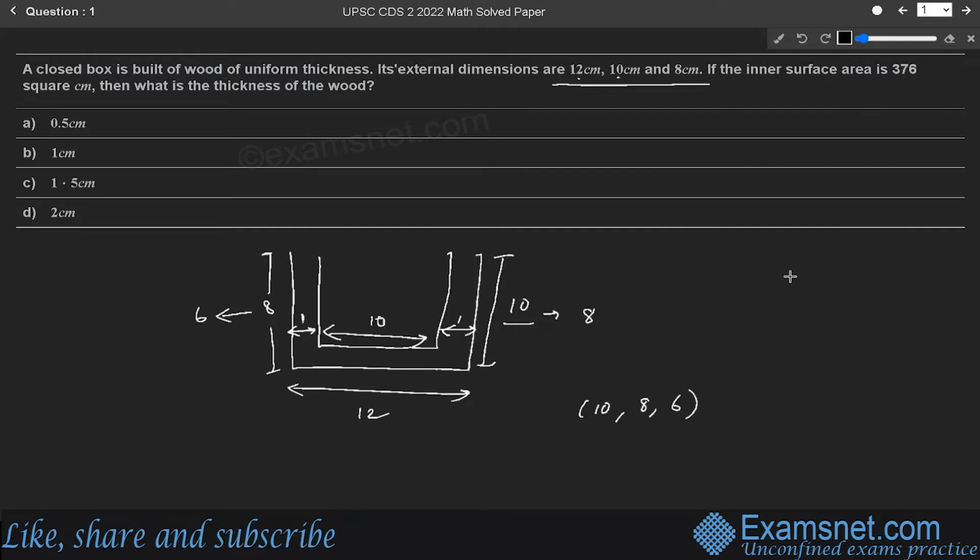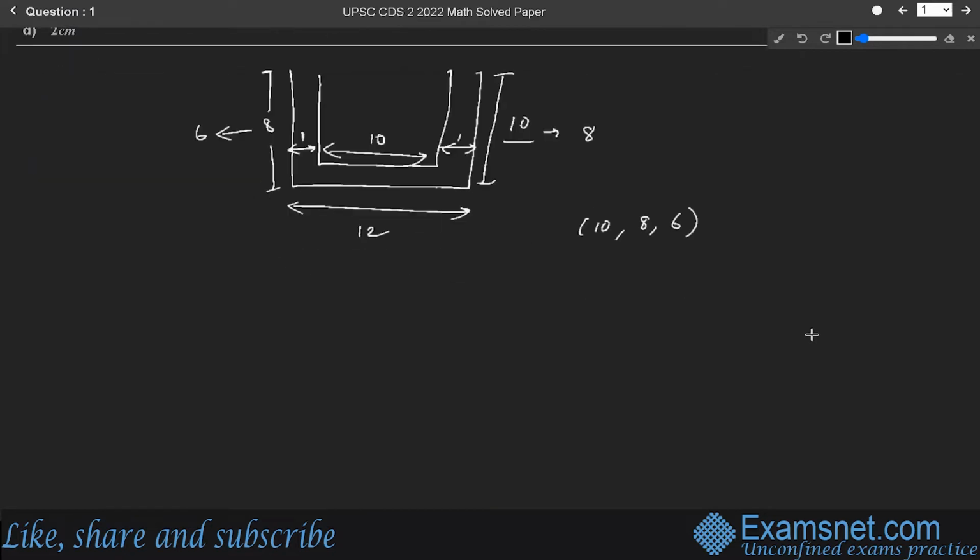It is also given in the question that inner surface area is 376. And we know that this is in the form of a cuboid. So we know that the surface area of a cuboid is 2 into length into breadth plus breadth into height plus height into length.